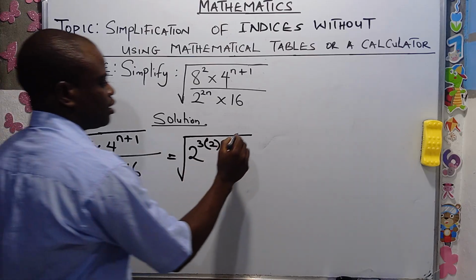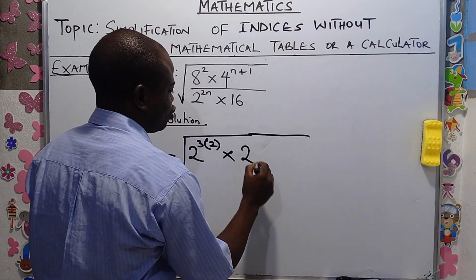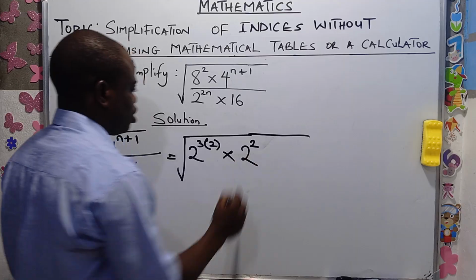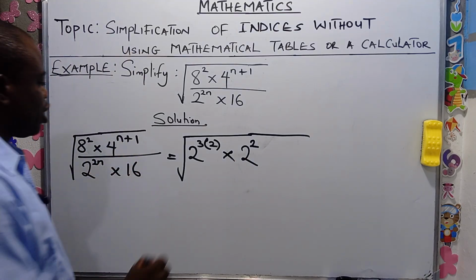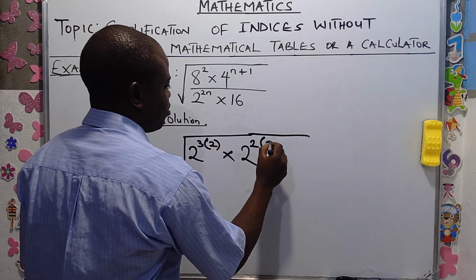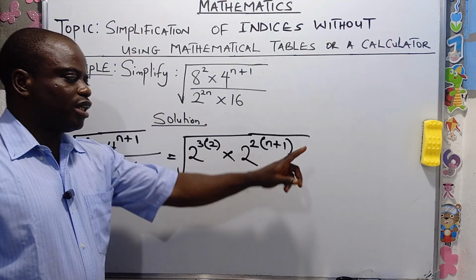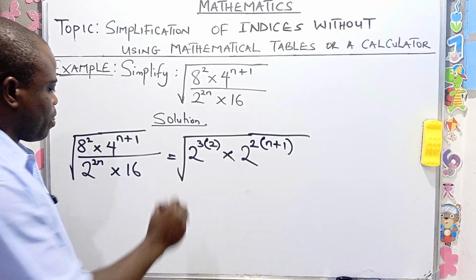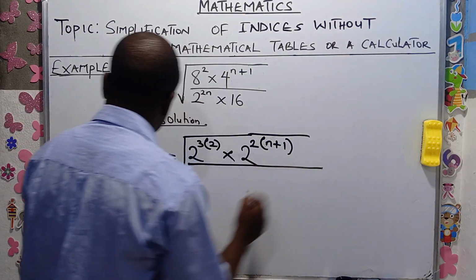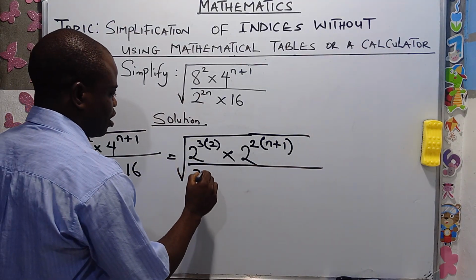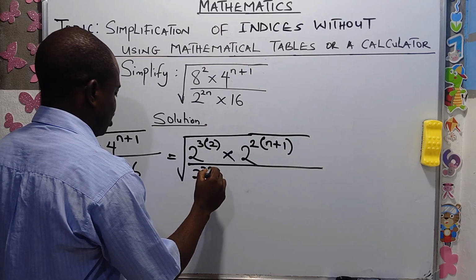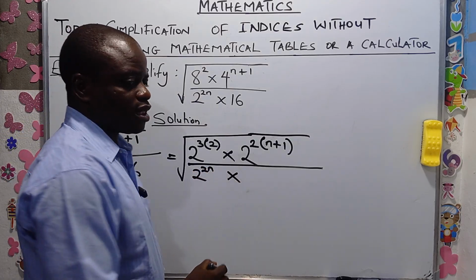It will be expressed as 2 raised to power 2, with n plus 1 at the power. Let it be in brackets because the 2 is multiplying the whole expression. Divide by 2 raised to power 2n times 16.